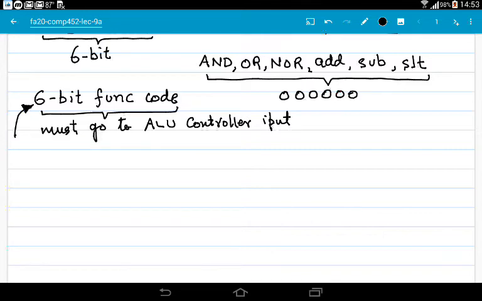So we have determined that we need at least six inputs to the ALU controller. Now, in addition to the R-type instructions, we also have a few I-type instructions that our processor needs to implement. What are those I-type instructions? They are load word, store word and branch if equal.